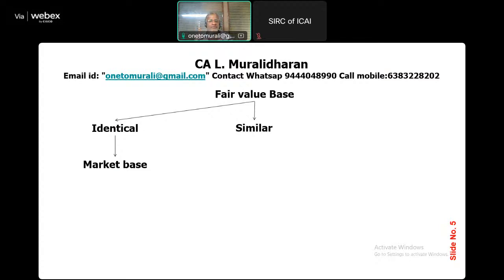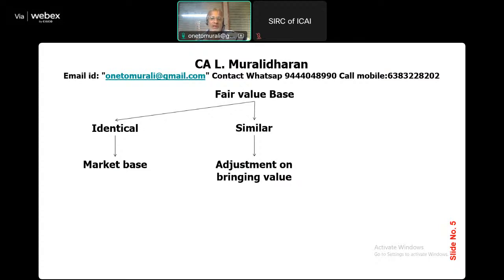Similar is different from identical. Identical is the same. Similar would mean mostly the same, with some portions different. Here I will not be in a position to take a market base, so I will be bringing in some adjustments to arrive at that value. Imagine motorbike to motorbike, you can match them, they are identical.